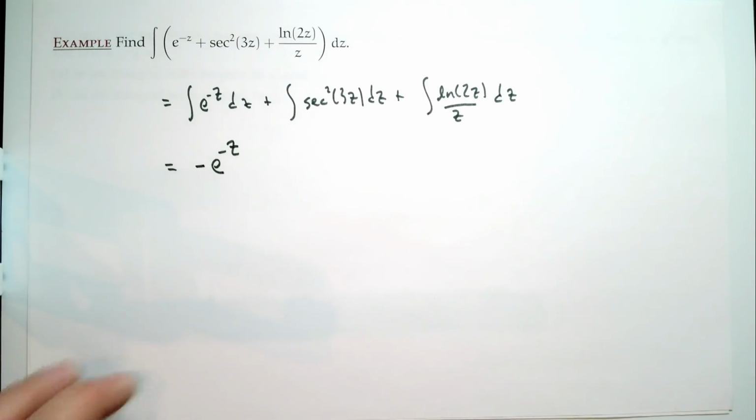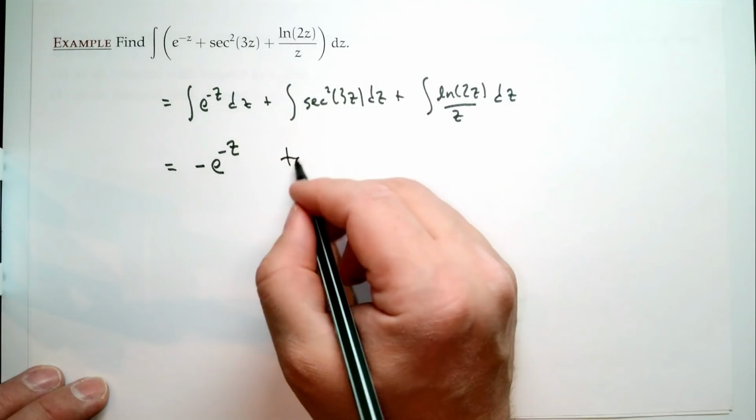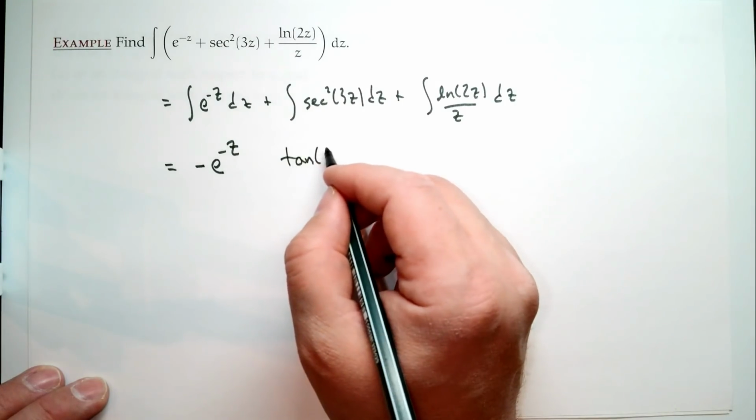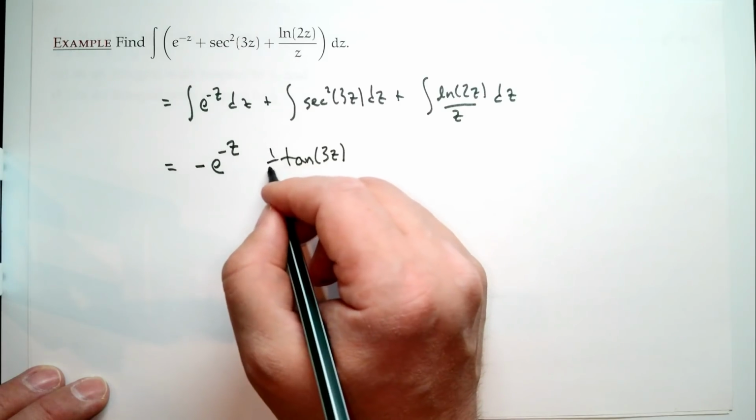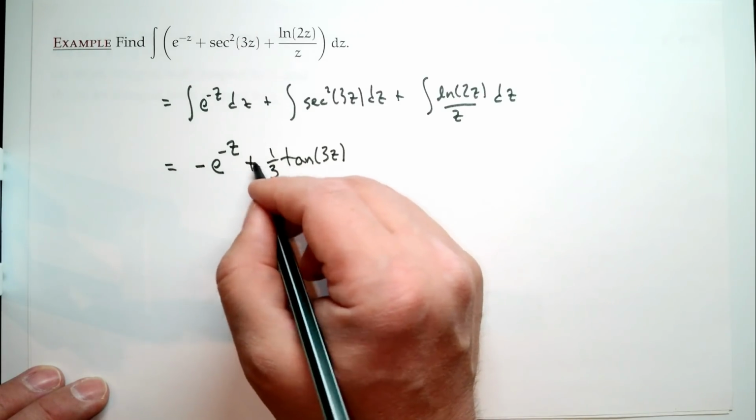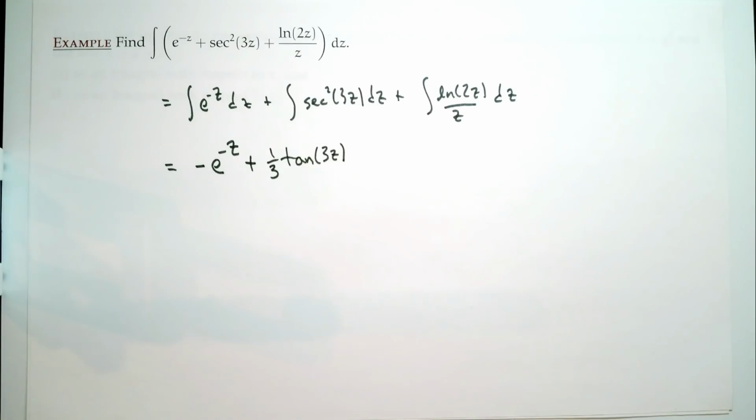Do we know the integral of secant squared of 3z? Well, let's start. Do we know the integral of secant squared? Tangent. So it's going to be tangent of 3z, but now you have to compensate for the 3z. So what do we do? Divide it by 3, or times it by a third. So the first two are pretty straightforward.